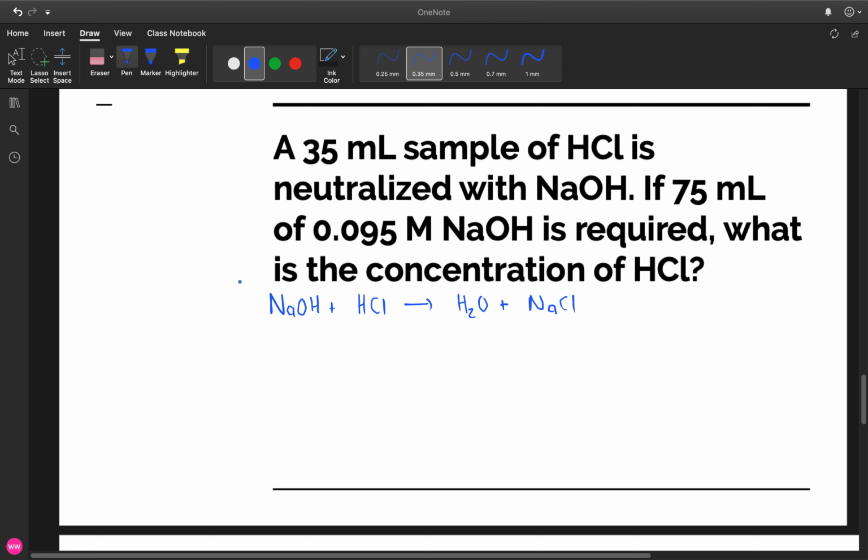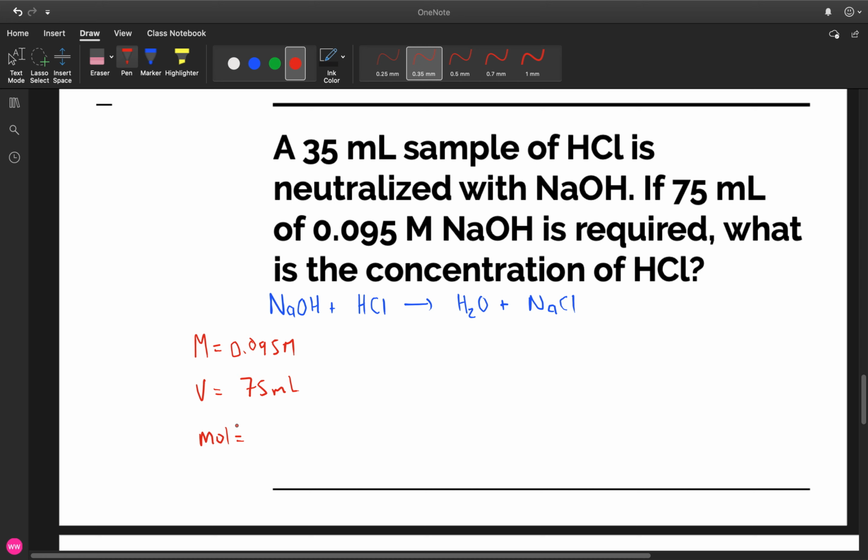We can use the molarity and volume of the sodium hydroxide, the molarity being 0.095 molar, and the volume being 75 milliliters, in order to determine the number of moles. The number of moles will be these multiplied by each other. I'll give you guys a second to do this. And don't forget to change your volume into liters.